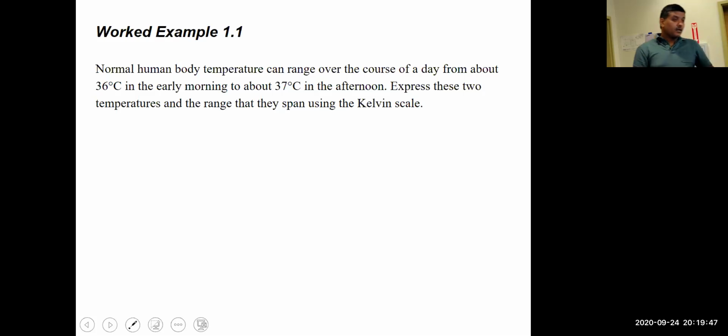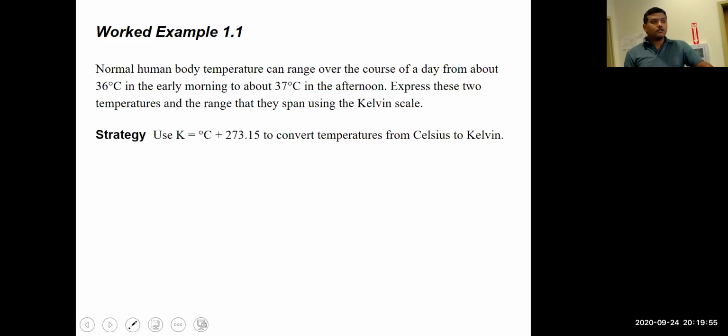Let's look into it. Because you have the temperature in Celsius and you need to express them in Kelvin, your plan should be finding an equation that correlates the Celsius and Kelvin temperatures. In the previous slide, we discussed that the relationship between Kelvin and Celsius is that Celsius plus 273 is equal to Kelvin temperature.